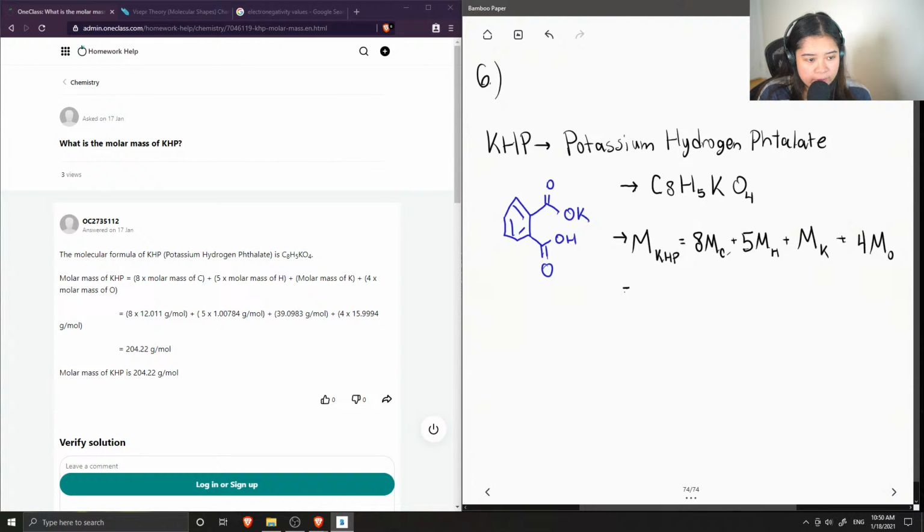Okay, so looking their values up on the periodic table, carbon has a molar mass of 12.01. Hydrogen has a molar mass of 1.01. And potassium has a molar mass of 39.10.